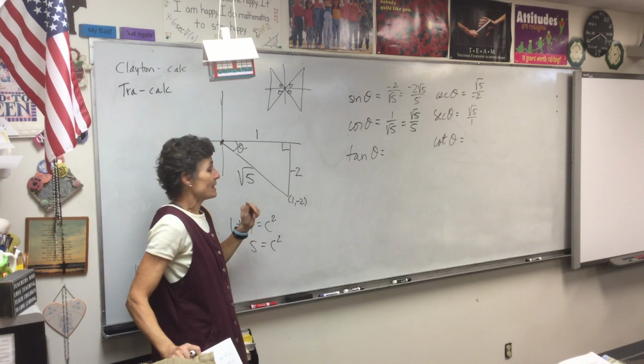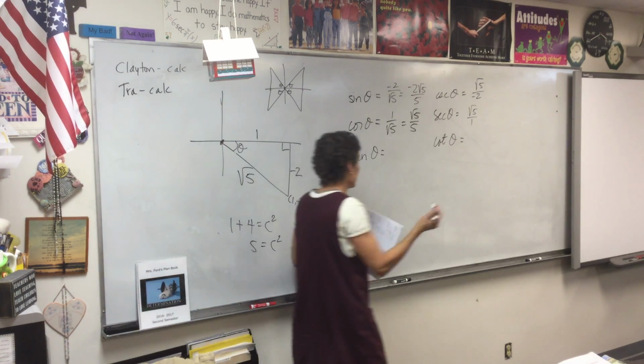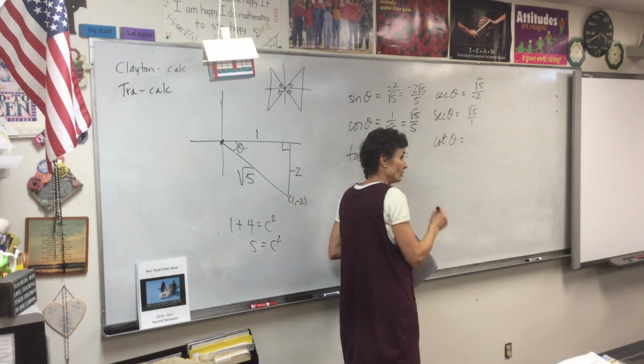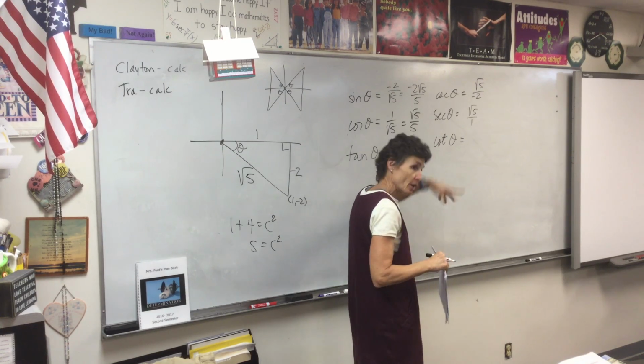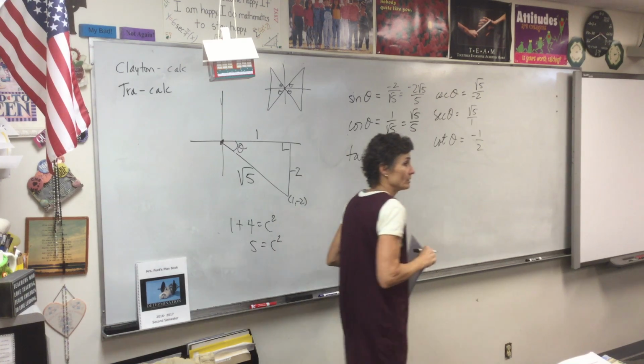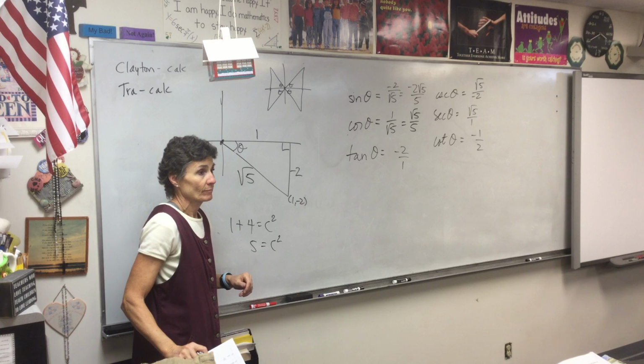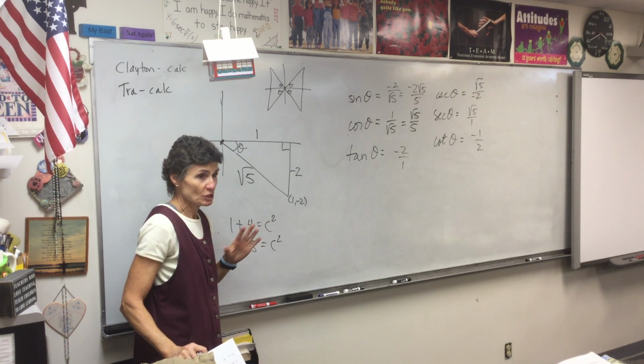And then what about my tangent? What's my tangent? -2 over 1, or just -2, which means the cotangent is -1 over 2. Now, does anybody have a question about that?